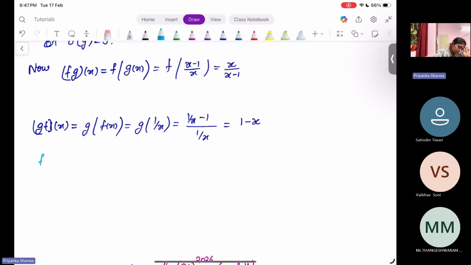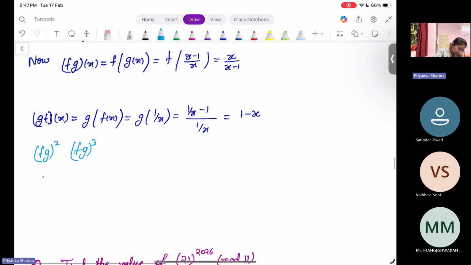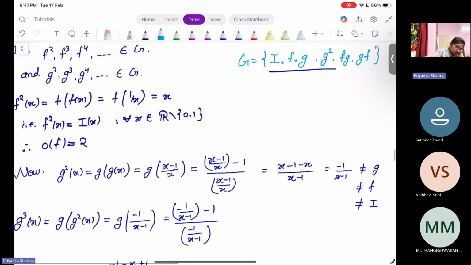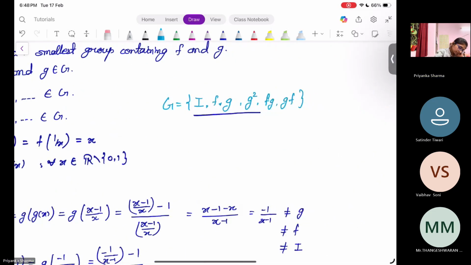Similarly, you can consider what will be FG square or FG cube, what will be the order of FG and what will be the order of GF. Okay, so actually there will be only these 6 elements.